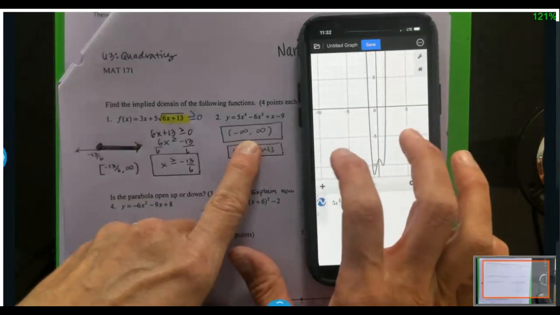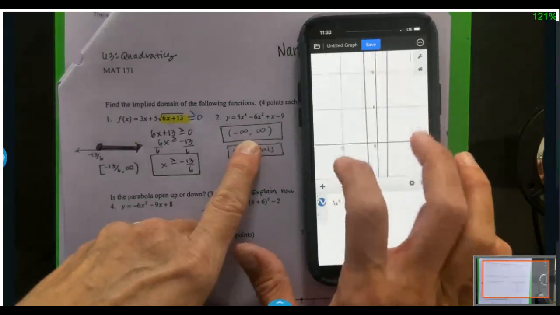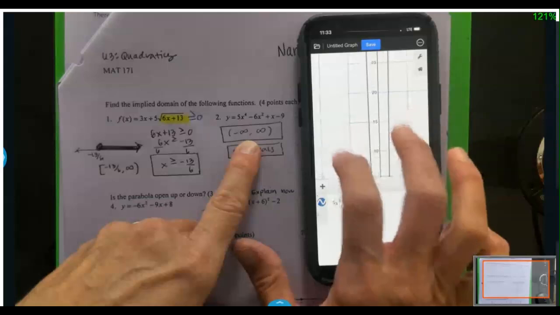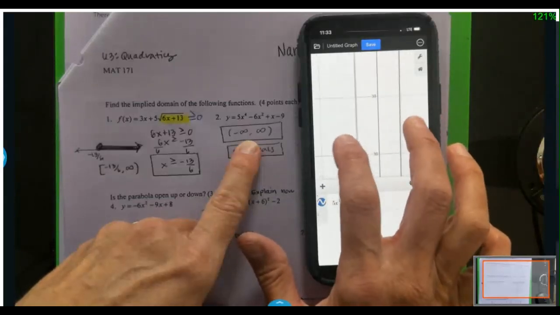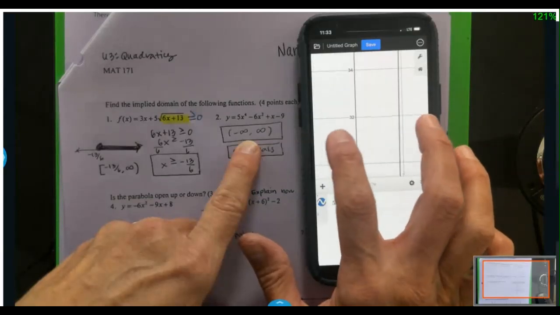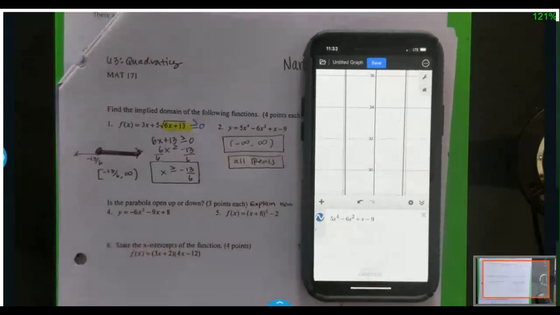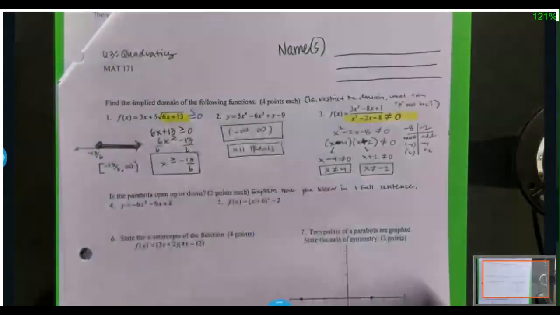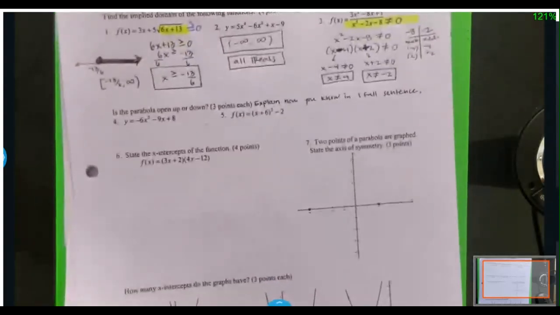It has this weird little curly Q down there where it does something odd. But if you look at it, what does it look like it's going to do forever to the left and to the right? It's going to go on and on and get wider and wider for all infinity, which is exactly what we said. We said it was going to be all reals. And the last one is more complicated to put in the calculator, so I'm going to stop there. All right, let's move on.